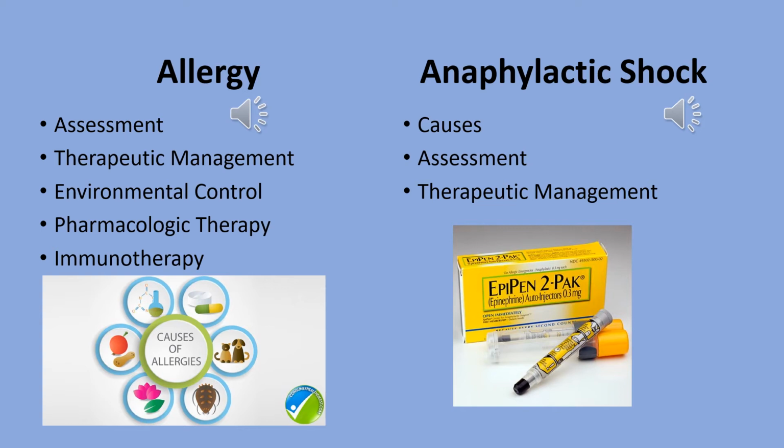Some pharmacologic management or therapy that we can do is usually aimed at reducing symptoms. There could be intranasal steroids that can be used. We can use antihistamines and decongestants. They're all aimed at trying to prevent the inflammation, and the histamine blockers reduce that edema.